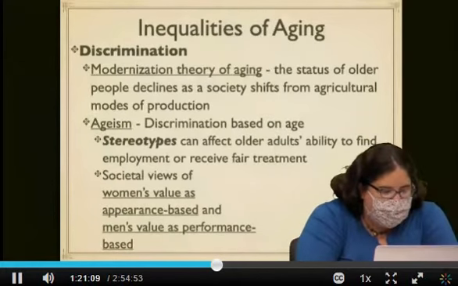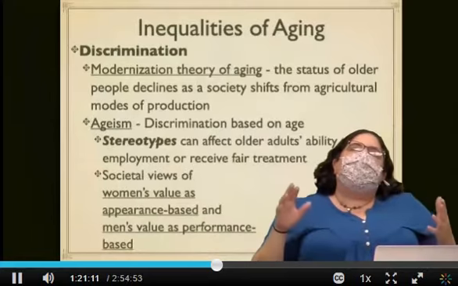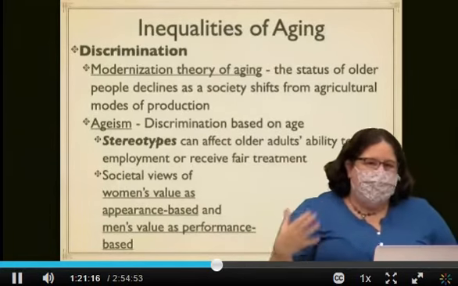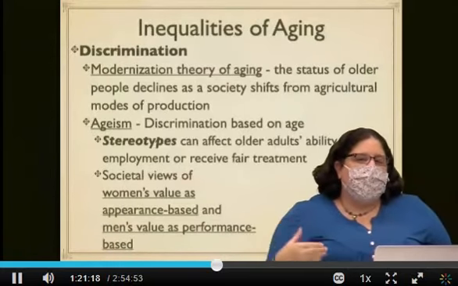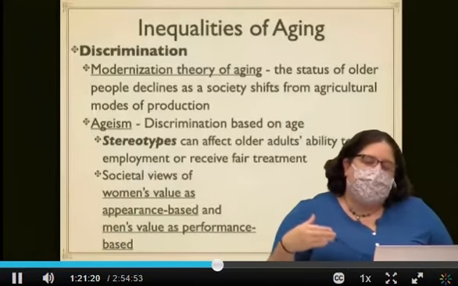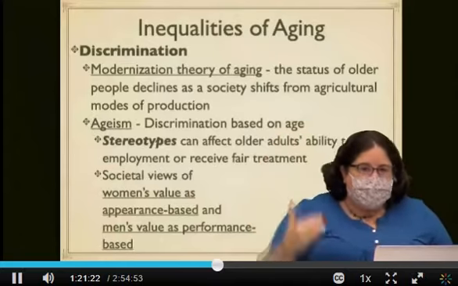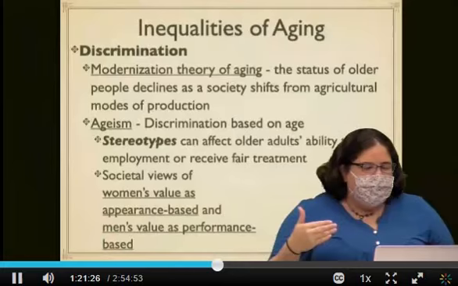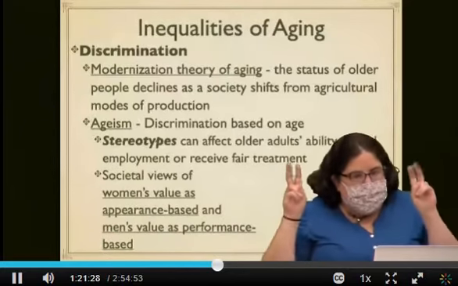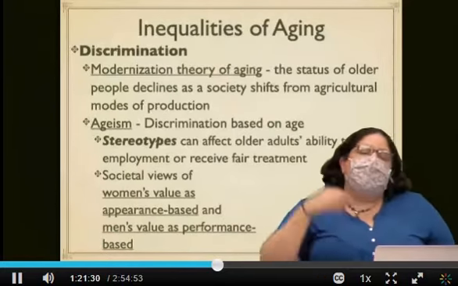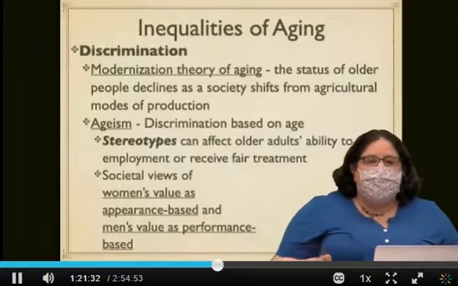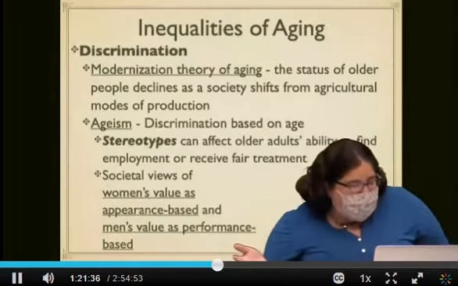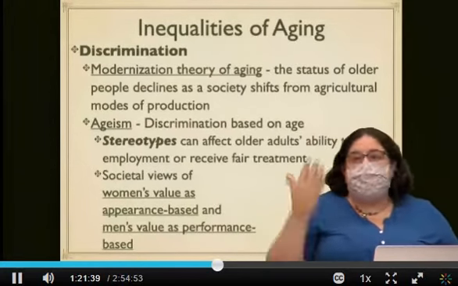Not to mention, there's a particular overlap here of ageism and sexism. As women age, because women's value is more appearance-based in our culture, their value decreases more quickly, because arguably your appearance, by society's standards, declines over time. Whereas men's societal value tends to be more performance-based, and that can be affected by age, but not nearly as much as appearance is.